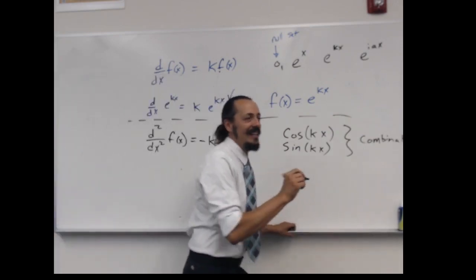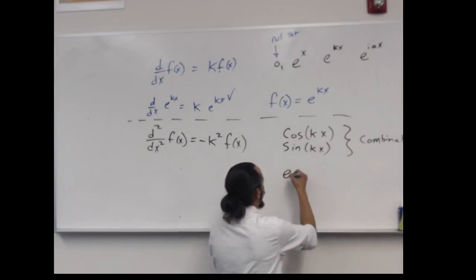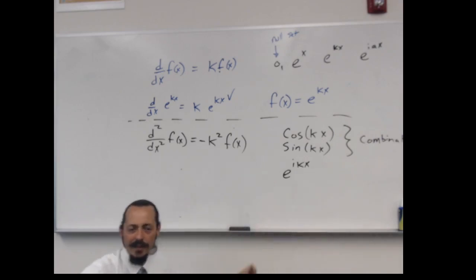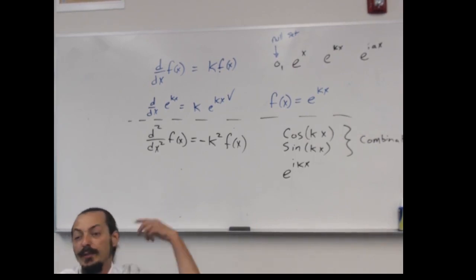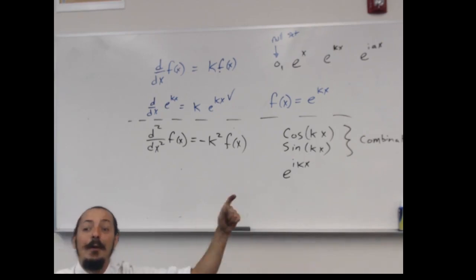Well, not e to the negative kx. I think it's e to the ikx. Right, because if it was negative kx, you'd get a negative from the first derivative. The second derivative would make it back positive. If it's i, you'd have i times i. That would get you the negative sign.